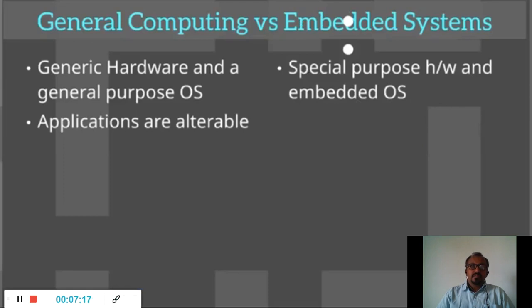General computing system applications are alterable, based on the need and performance. For example, on a laptop you can play music, games and videos, and do engineering calculations.